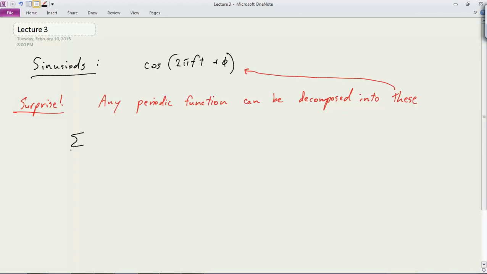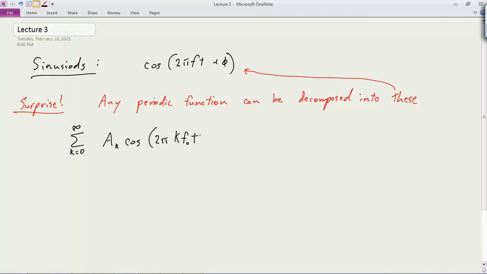Here's how if you sum them up, you multiply your cosines by a scaling constant. We'll call that a sub k, and then you take all the multiples of your fundamental frequency.